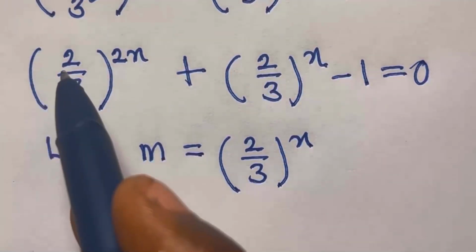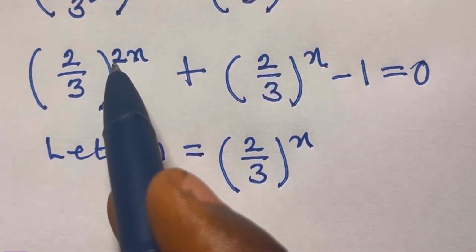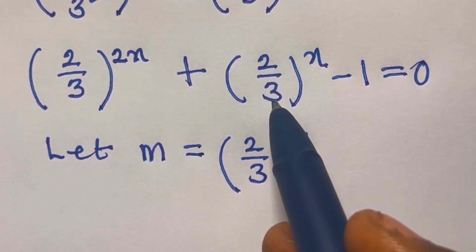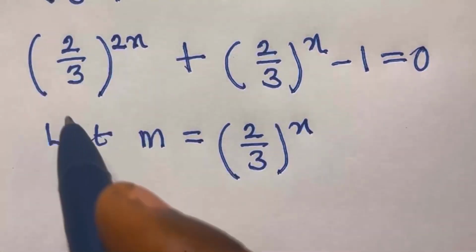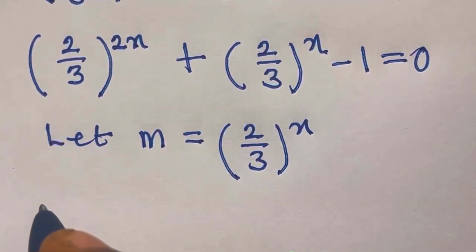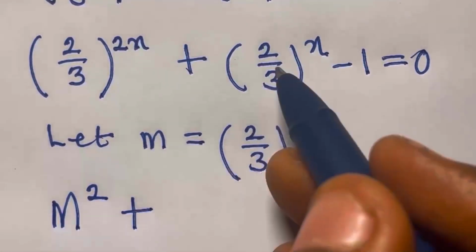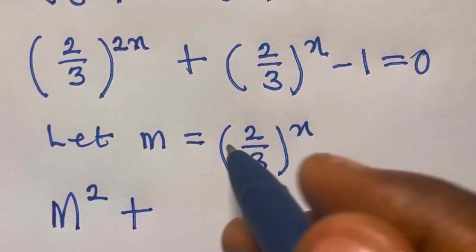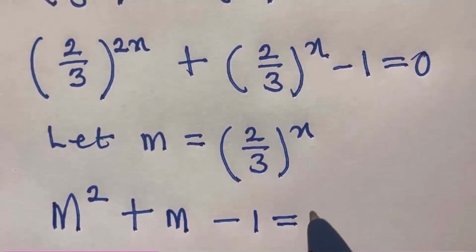Here you see we have 2 divided by 3 raised to the power x, raised to the power 2, and here we have 2 divided by 3 raised to the power x. So applying this, this will be m squared, plus 2 divided by 3 raised to the power x, so it will become m, minus 1 equals 0.